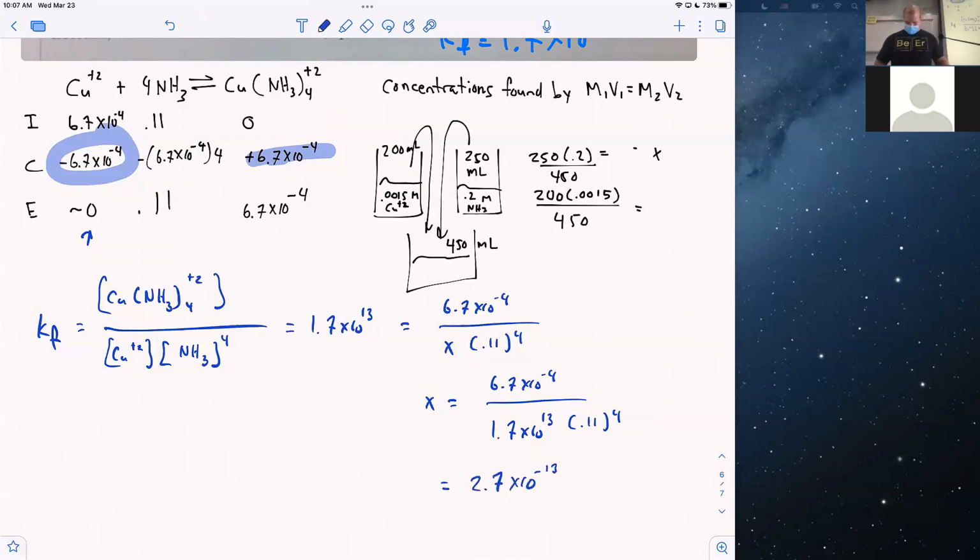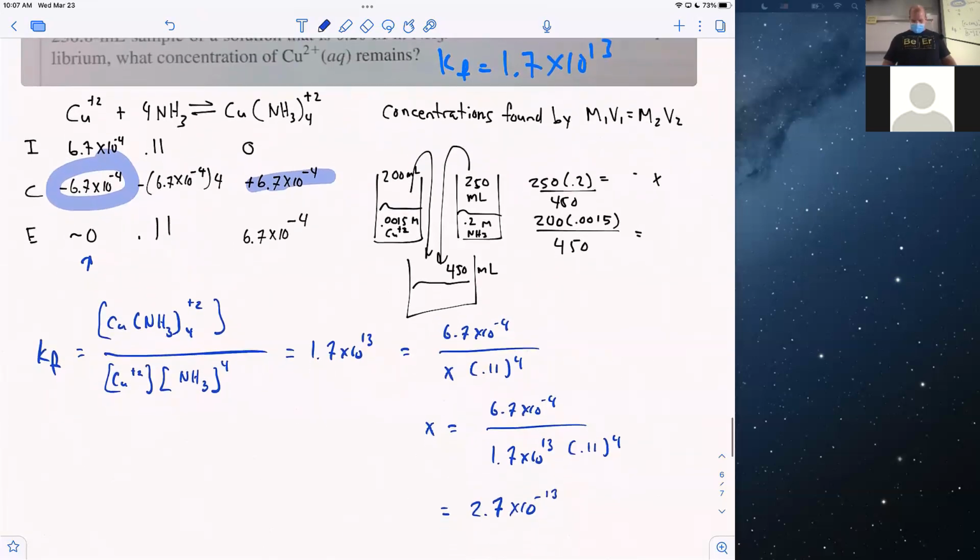All right, so a recap for this one. Copper mixes with ammonia to form the copper ammonia complex. I want to know how much aqueous copper is remaining that has not formed its complex with ammonia.